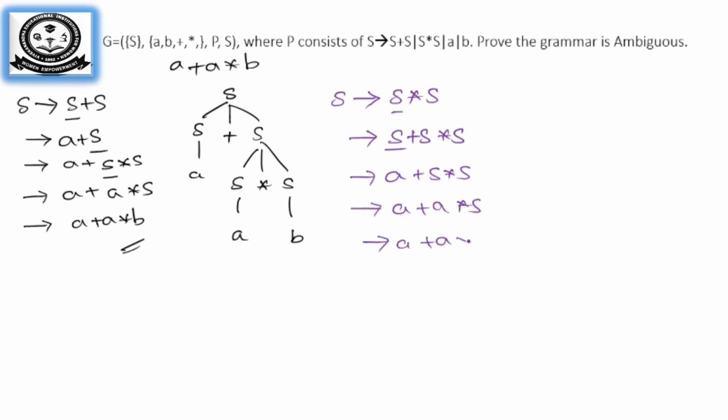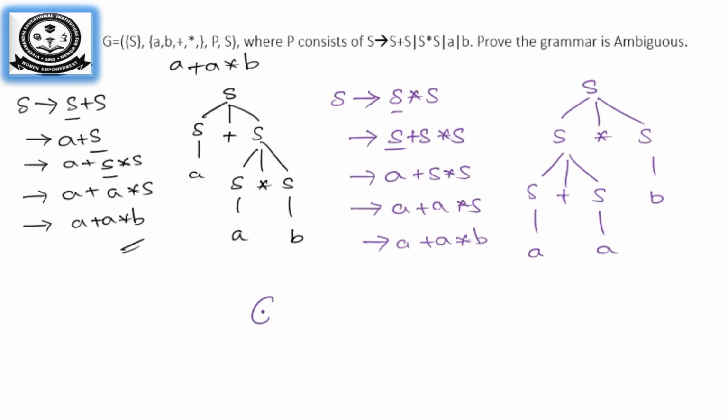So the grammar is ambiguous. So you'll see how it is done. So S star S, then this S plus S, so this is plus, and you have A B. So for the same string, we are having two parse trees for the same LMD derivation. So G is ambiguous.